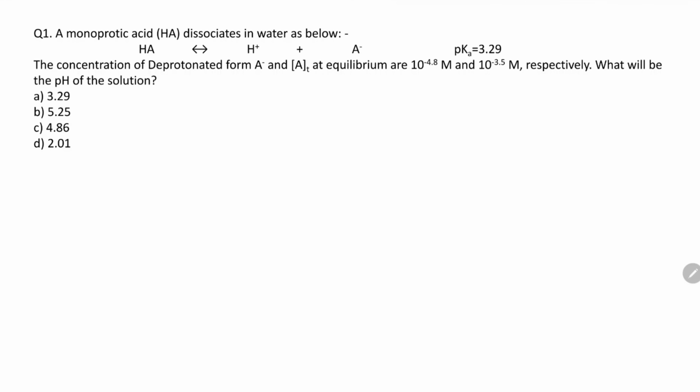So the first question is, a monoprotic acid dissociates in water as below, and the pK for the dissociation of the acid HA is given. The concentration of the deprotonated form and the total concentration of the acid at equilibrium are given, and we have to find the pH of the solution.